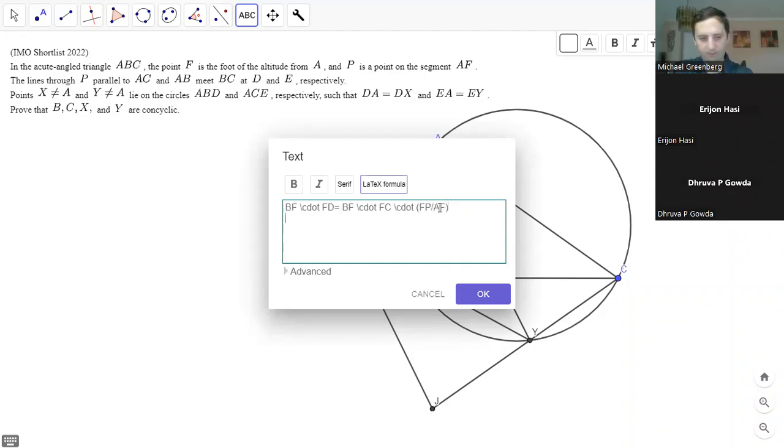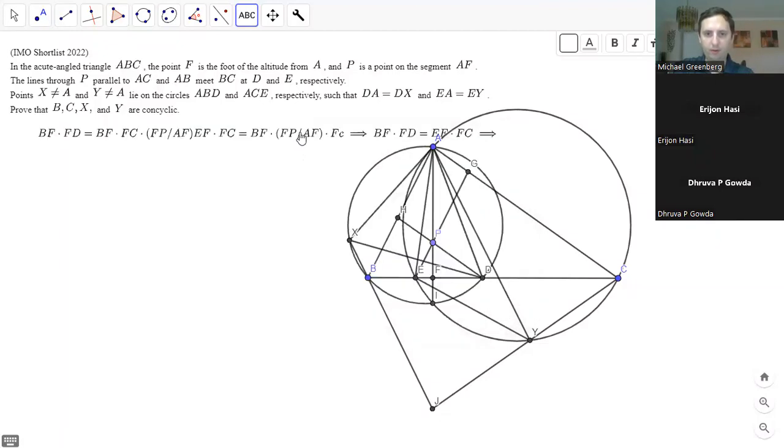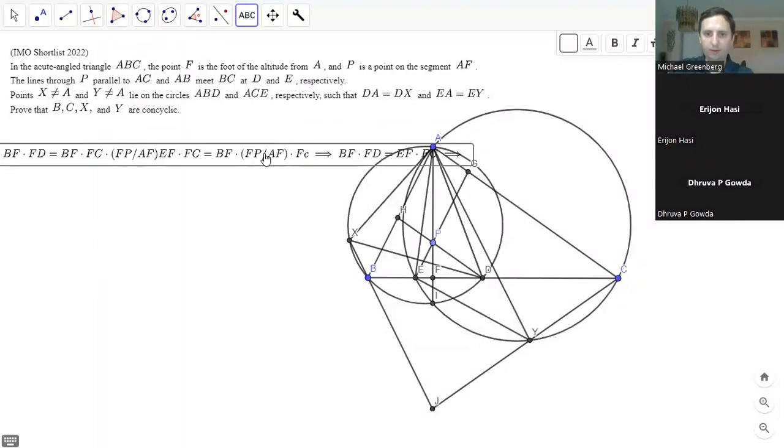And then we also have EF times FC, and that implies A, F, and I are collinear.